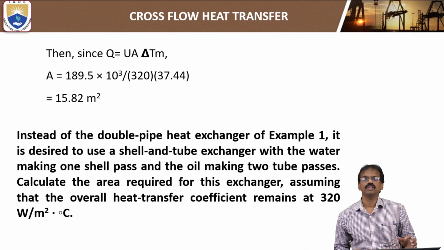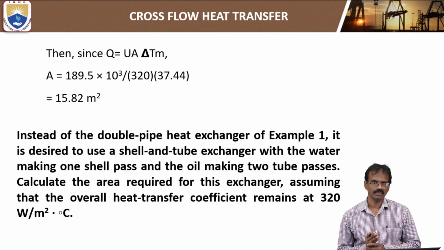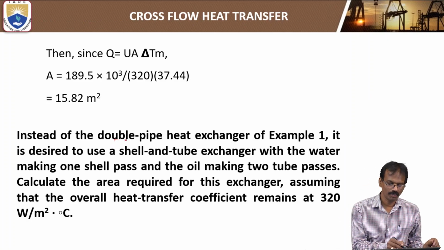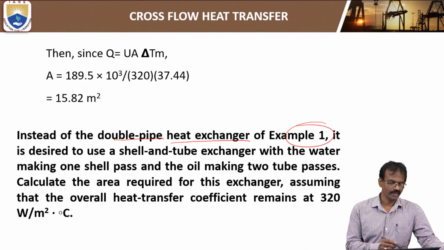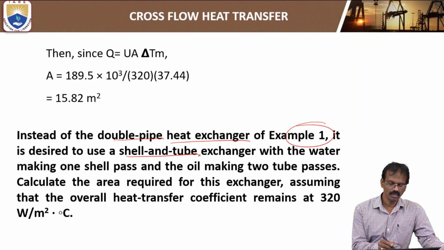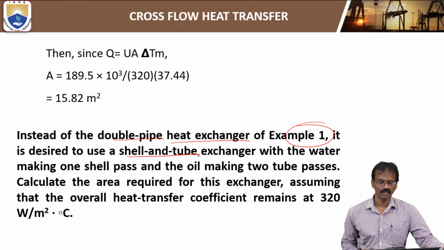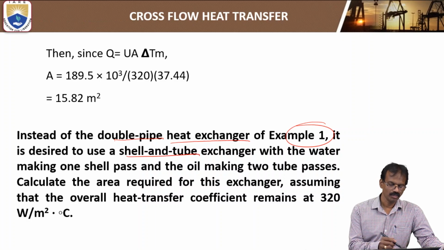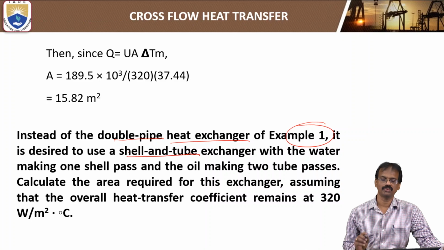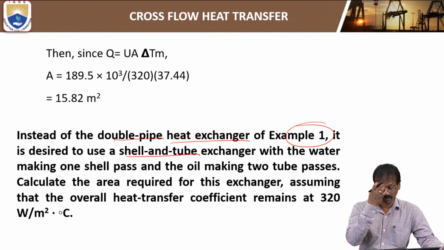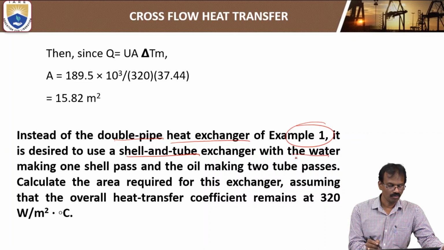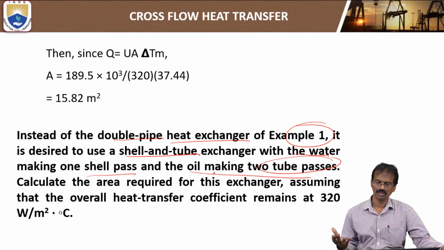Now this numerical is extended so that instead of the double pipe heat exchanger of example 1, it is desired to use a shell and tube heat exchanger. So one shell, multiple tubes, with the water making one shell pass and the oil making two tubes or four tubes or many tubes.